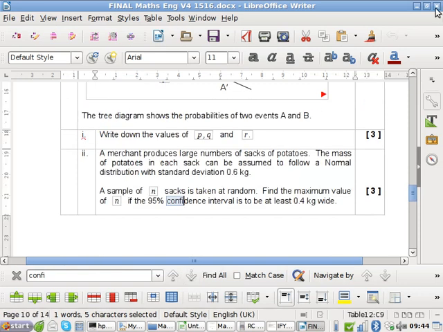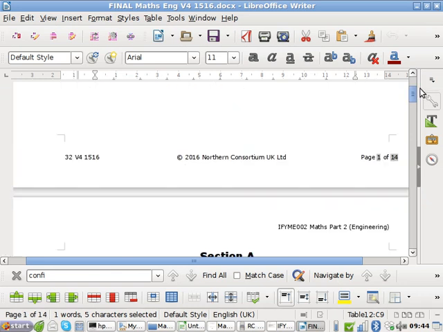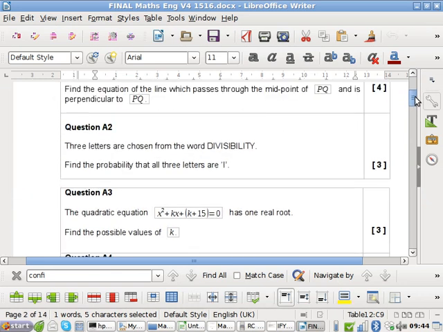I was saying to Musharif at the start that probability comes up more in the exam than statistics, because if you look at section A, you have a probability question. What's the probability that all 3 letters are I? So 3 letters are chosen from the word divisibility. What's the probability that all 3 of them are an I? So you get an I the first time, an I the second time, and an I the third time.